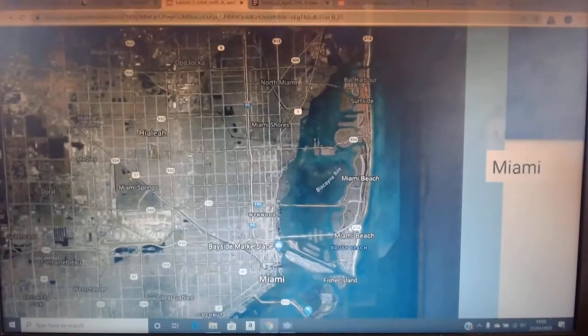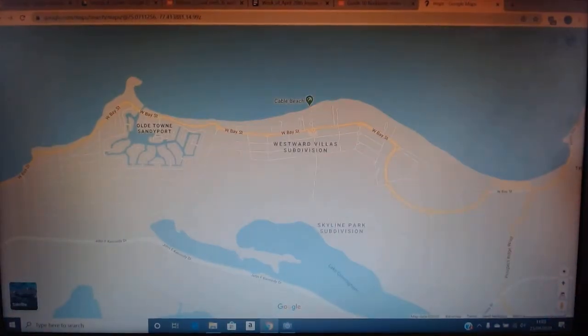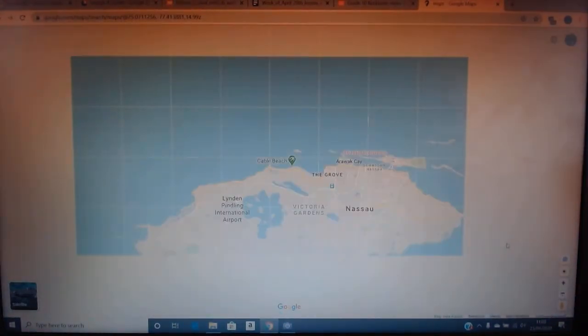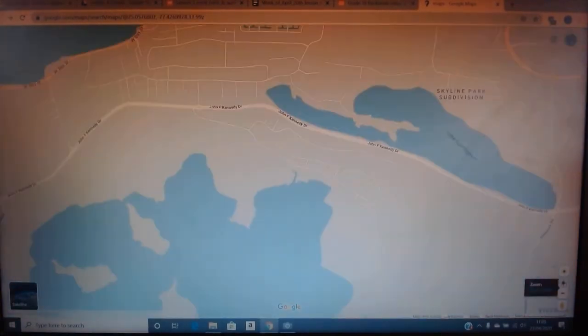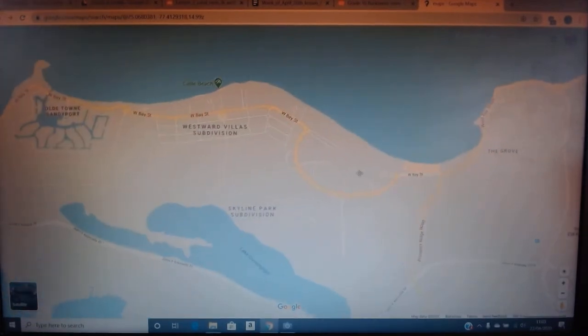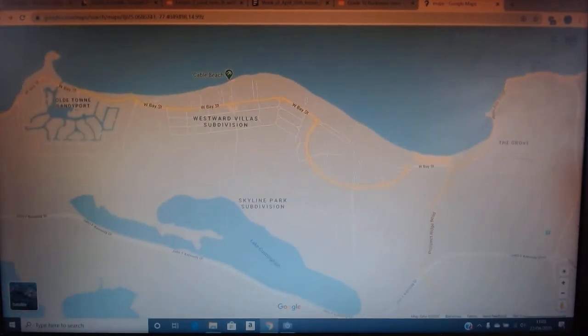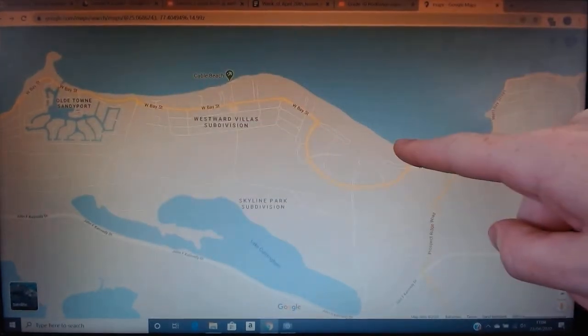If we look at a little Google map, let me just take you through this. We got New Providence, you got Paradise Island just here. If we zoom in on our Cable Beach, some of these terms will become clearer once we do coasts. Cable Beach runs along this piece of land here.